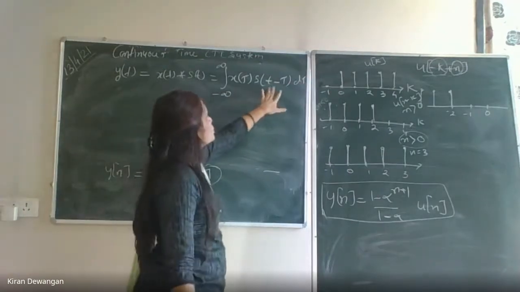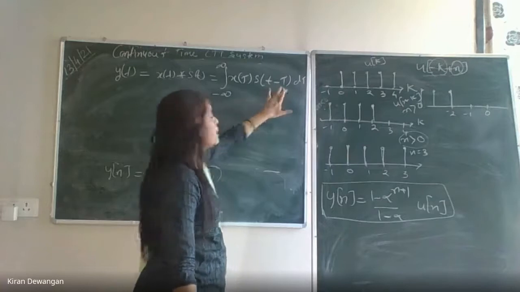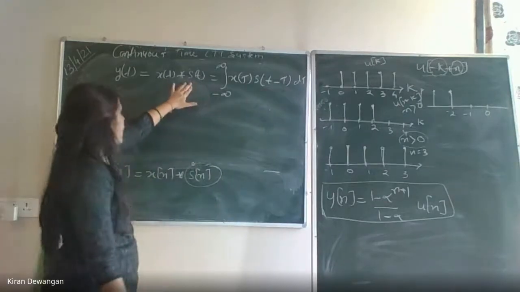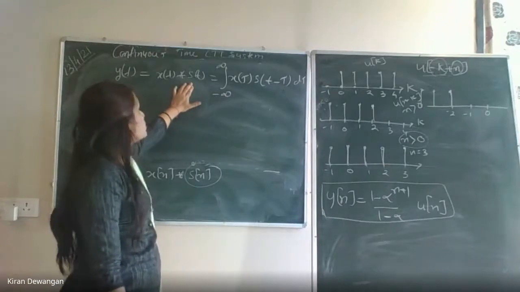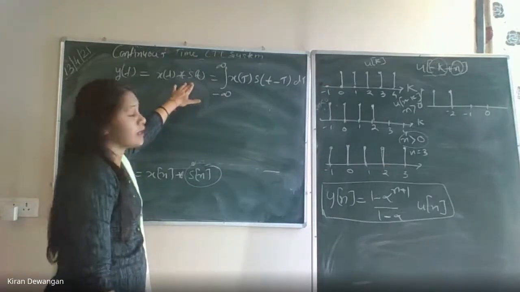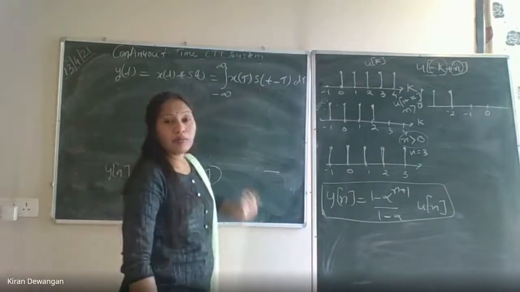This is going to be s of t minus tau. क्लियर? Because as we have seen, यहाँ पर हम लोग x(t) लेते थे. Here this will become s(t), and this becomes s of t minus tau.